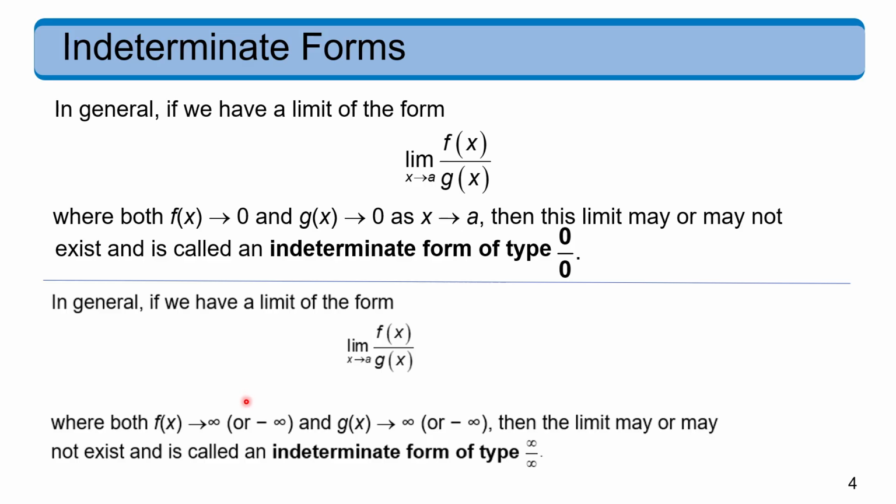So this situation is called an indeterminate form of type infinity over infinity. So in both cases, the form is not enough to tell us anything. The limit may exist, it may not. You have to use other methods to determine what's happening with the limit.